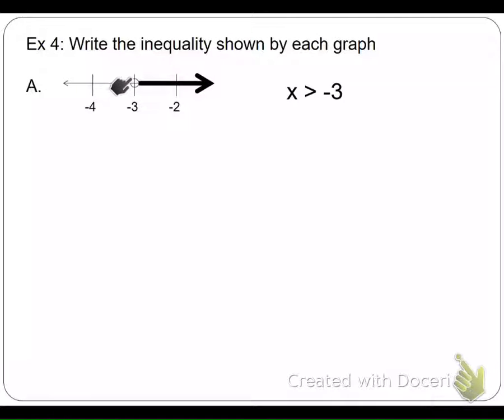Just do not include the -3 and make sure you're writing the parts that are bigger. So x is greater than, not equal to, just greater than -3. I want to do this one too. So you have to start with your x. Very good. X is less than or equal to 2.